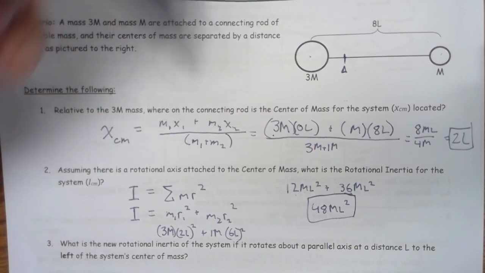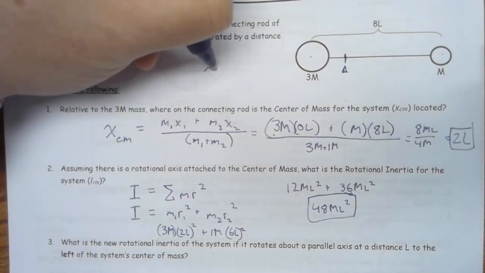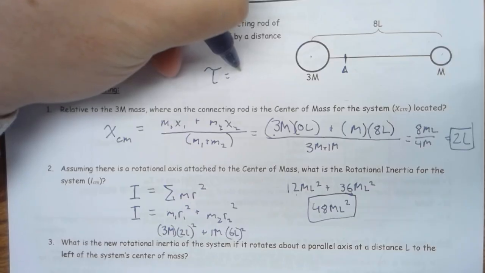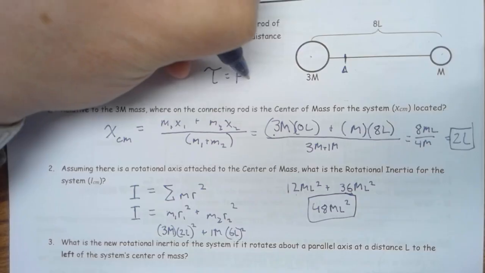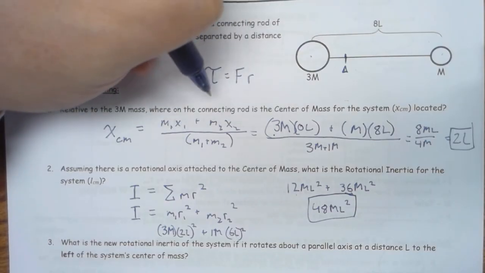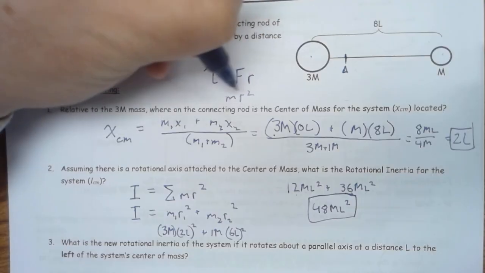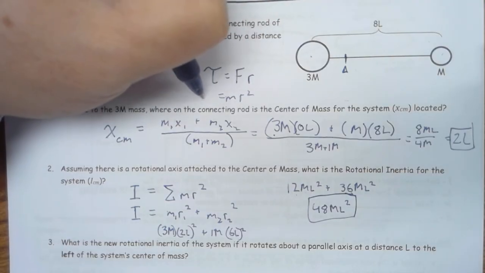Why? What is the torque equation? Torque equals force times radius, whereas right now we're talking about just how hard it is to rotate, which is r squared. That r squared means we're talking about r times r.